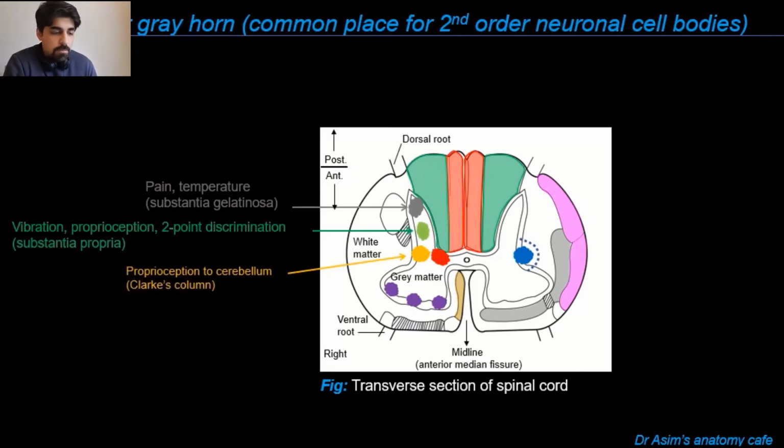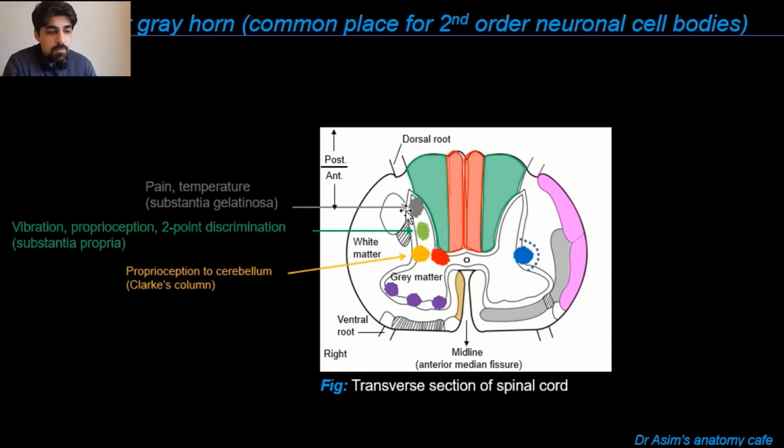Various other second order neuronal cell bodies include the Clark's column over here, which is a nucleus that receives the sensory information of proprioception, which is then destined to be transmitted to the cerebellum. Lastly, the visceral afferent nucleus in the posterior horn over here is linked with receiving the visceral autonomic sensory information.